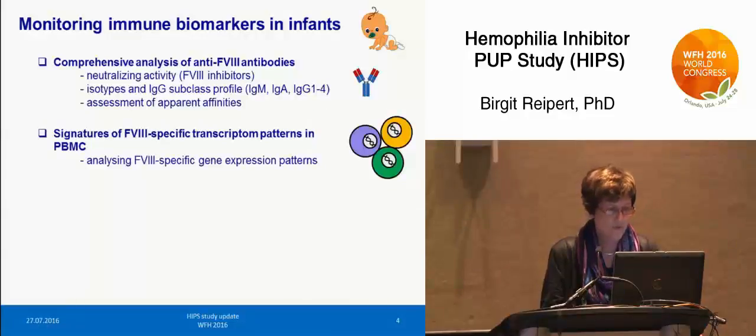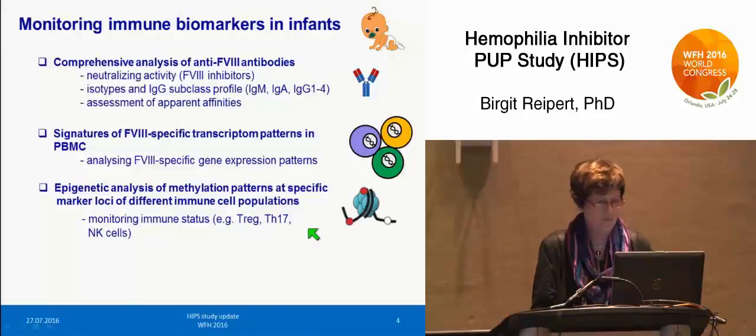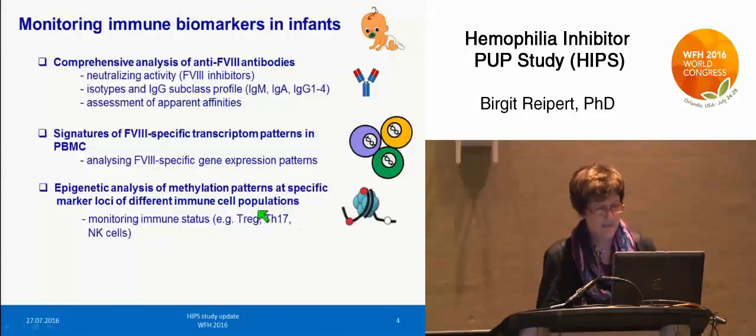What we also do, we look for signatures of factor VIII-specific transcriptome patterns in PBMCs, and for this purpose, PBMCs are re-stimulated with factor VIII in vitro. We do epigenetic analysis of methylation patterns at specific marker loci of different immune cell populations to get some idea about the immune status. And here, these are the assays that we have started with, like T cells, Treg, Th17, and NK cells.